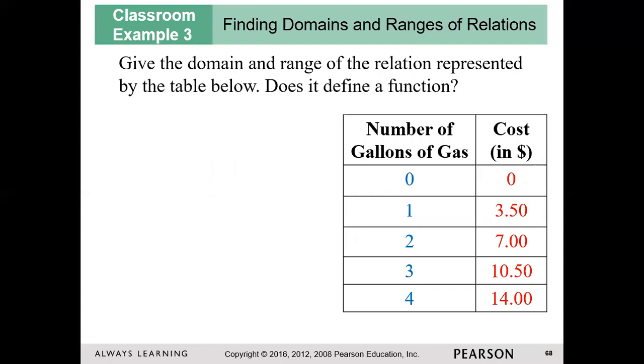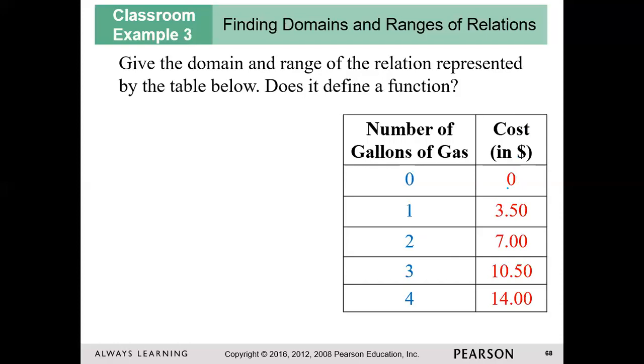Okay? So give the domain and range of the relation represented by the table below, and does it define a function? So these first ones right here are our domain, and this is our range. The y values are also known as your dependent variable, where x is your independent variable.